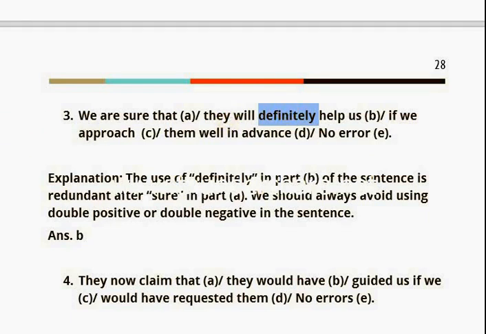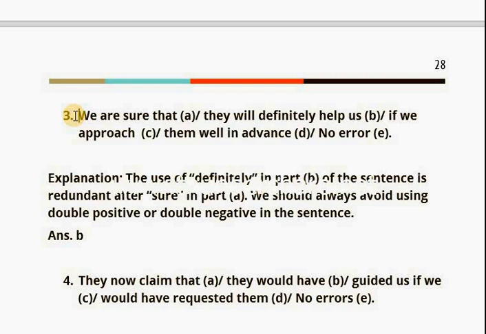Double positive or double negative, both are prohibited and should be avoided in sentences. So after sure, there was no need to use definitely. The use of definitely is redundant in the sentence. It was not necessary and it should be removed.